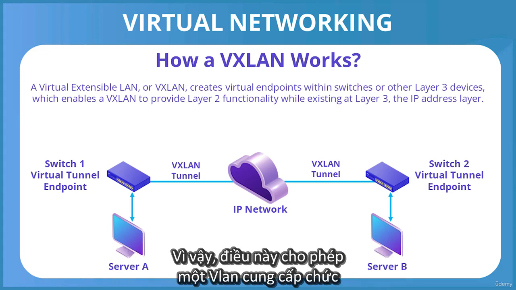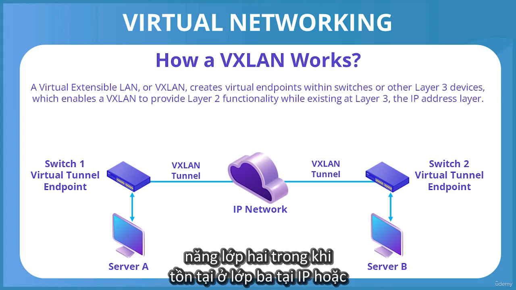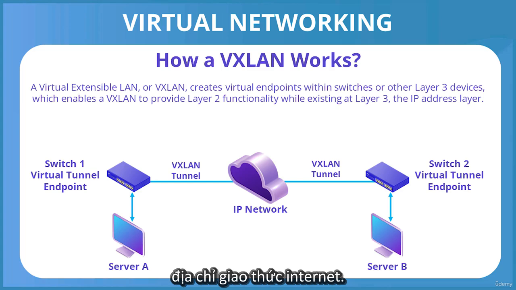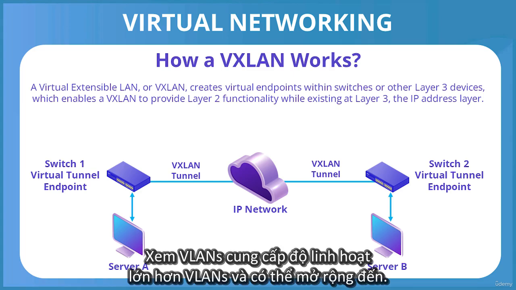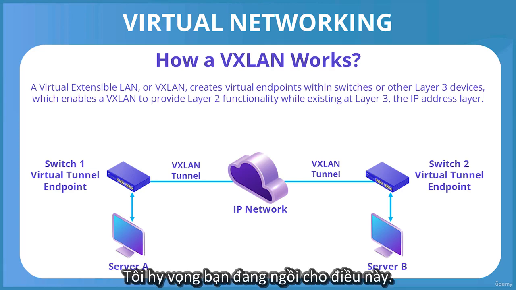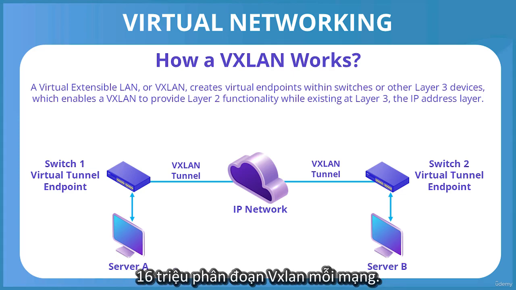So this enables a VXLAN to provide layer 2 functionality while existing on layer 3 at the IP, or Internet Protocol address layer. See, VXLANs deliver greater flexibility than VLANs and can scale up to, I hope you're sitting down for this, 16 million VXLAN segments per network.